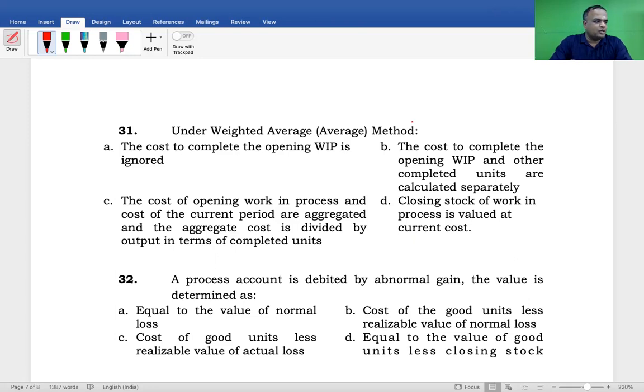Is it correct? No. The cost of opening WIP and the cost of the current period are aggregated, and the aggregated cost is divided by input in terms of completed units. Is it right or not? Closing stock of WIP is valued at the current cost. What is the right answer? C is the correct answer. Good.